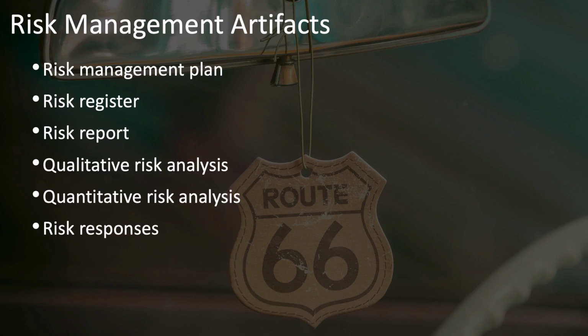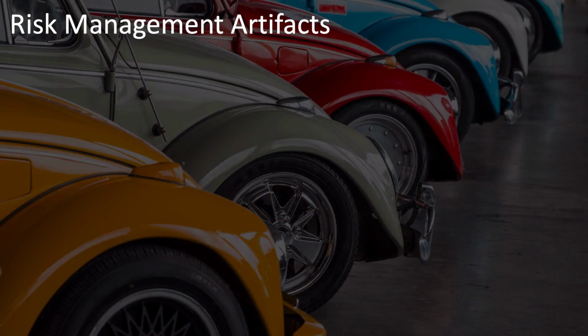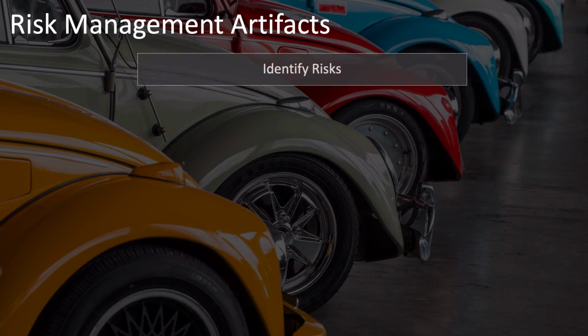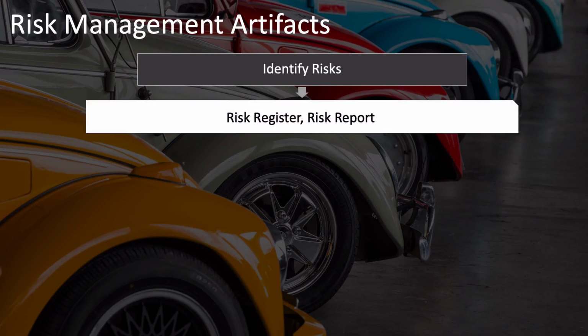Let's see how these all relate. The first process in risk management, after, of course, the plan risk management process, which generates the risk management plan, is the identify risks process, which, of course, generates your risk register and risk report.